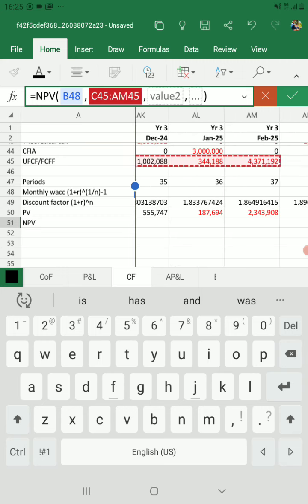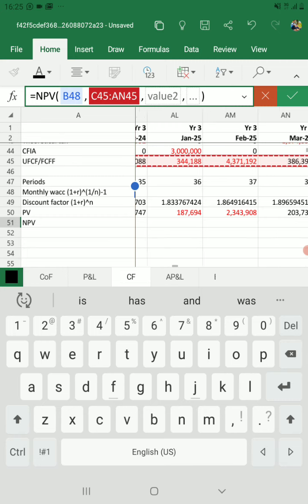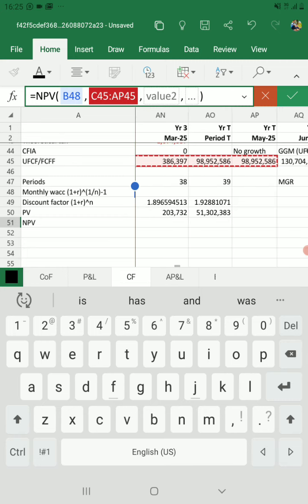Which is year 3, period T, up to here. Okay, so after that you come to plus the initial outlay.